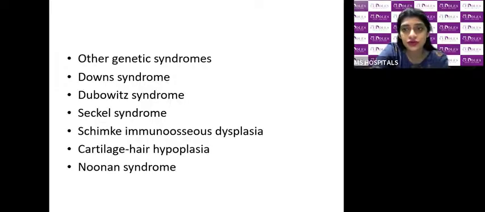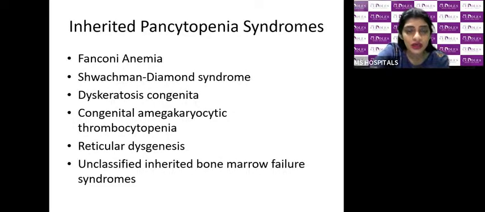Having said that, Down syndrome, Dubowitz, and Seckel syndrome don't only have pancytopenia, they have other symptoms and signs. Along with that, they have a pancytopenic picture. I just wanted to hold this slide so that you have a memory of all of these disorders.